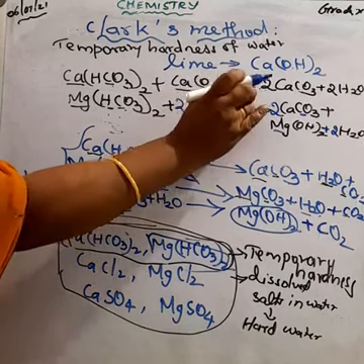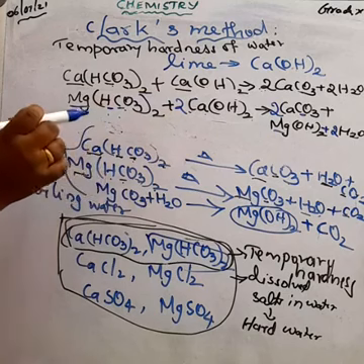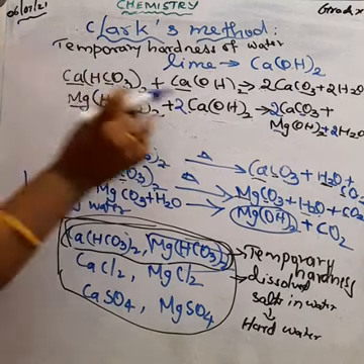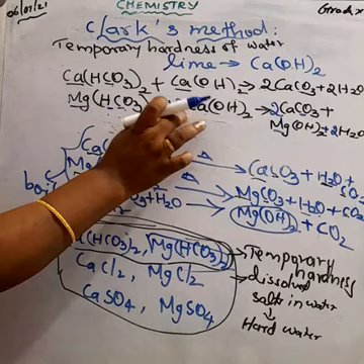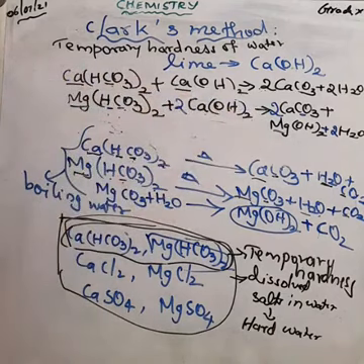Now we have to balance the oxygen also, because we added 2 molecules of calcium hydroxide. So we have to balance the hydrogen and oxygen.